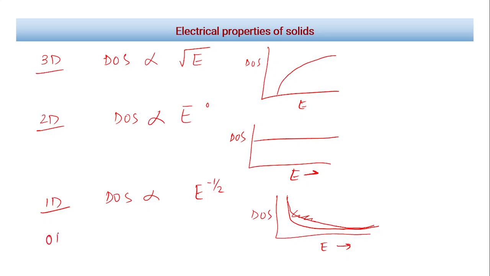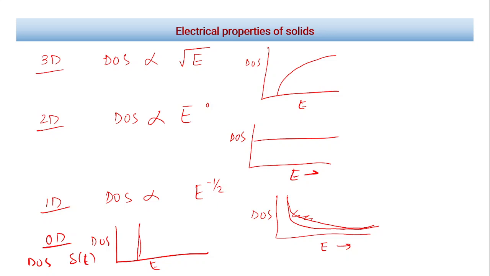And when we talk about 0D, that is like a point, the graph is like a spike. Because for zero dimension the density of states is a delta function, so it is there at that particular point and nowhere else.